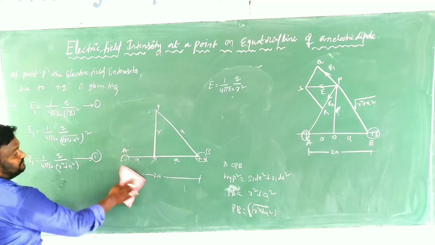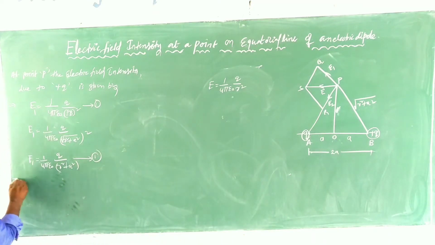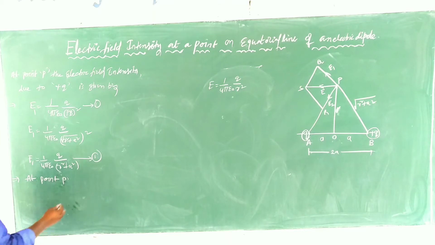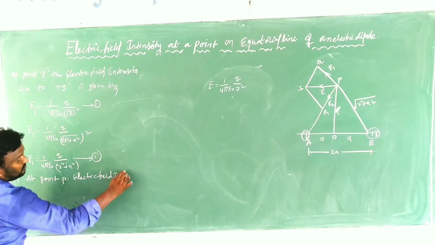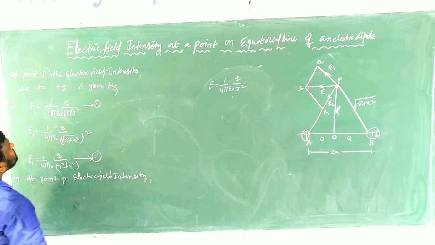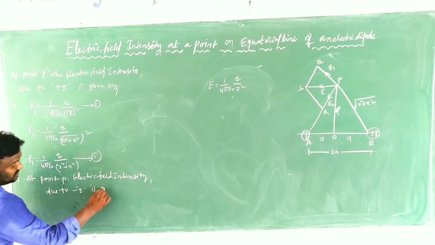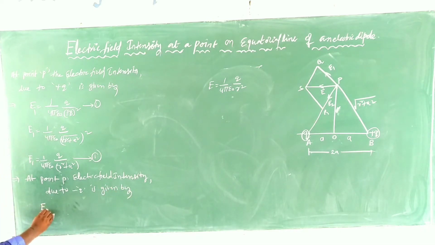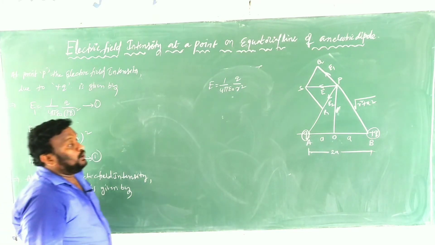And similarly here, in the same manner, at point P, the electric field intensity due to minus q is given by, what is the equation we have, right? E2 is equal to 1 by 4 pi epsilon naught minus q by, here what is the distance from the point to the negative charge?